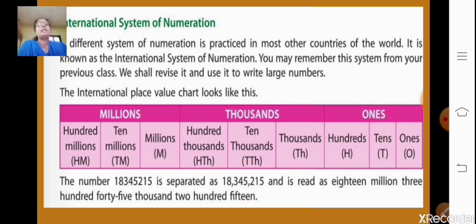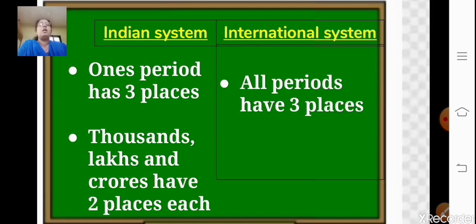An example is given here. After placing the commas after every three digits, you'll read this number as 18,345,215.